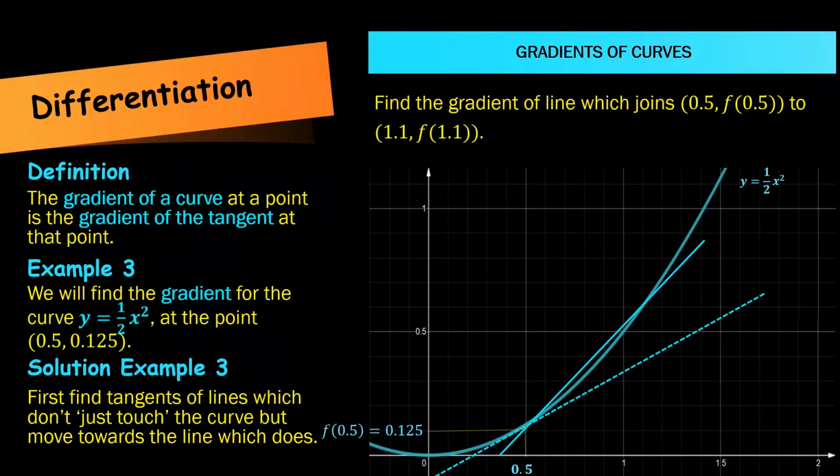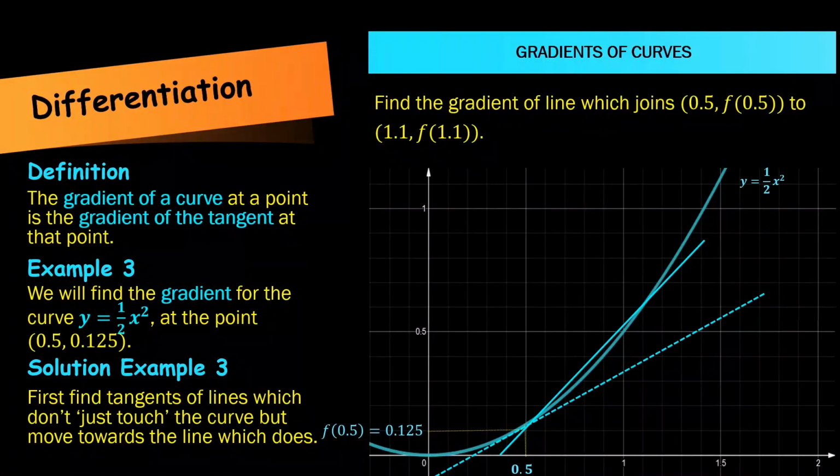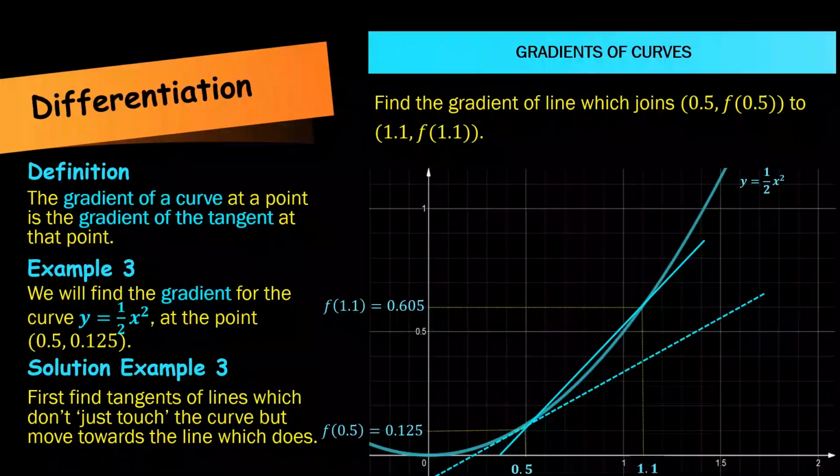Let's now find the gradient of a line which joins 0.5, function of 0.5, to 1.1, function of 1.1. Notice that this is now getting closer to our desired gradient. We've indicated the points on the curve where the line and the curve intersect.